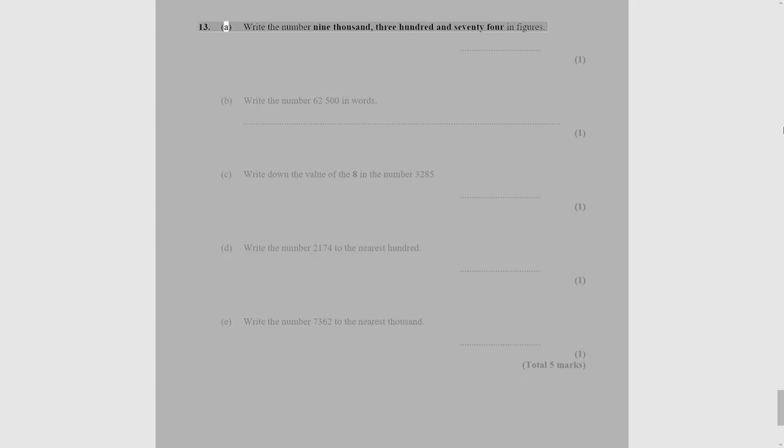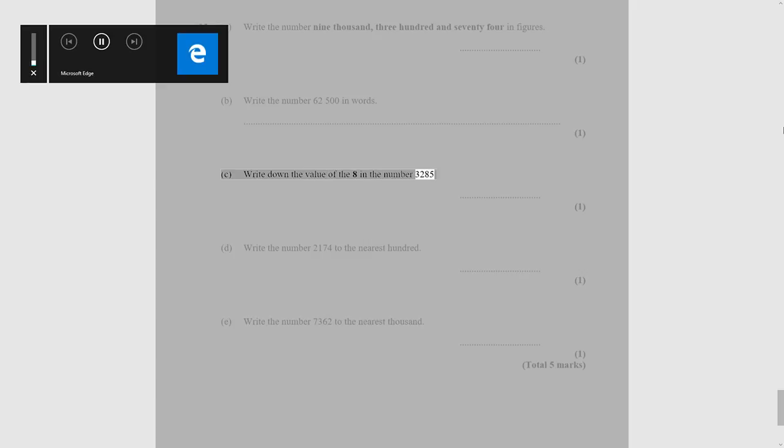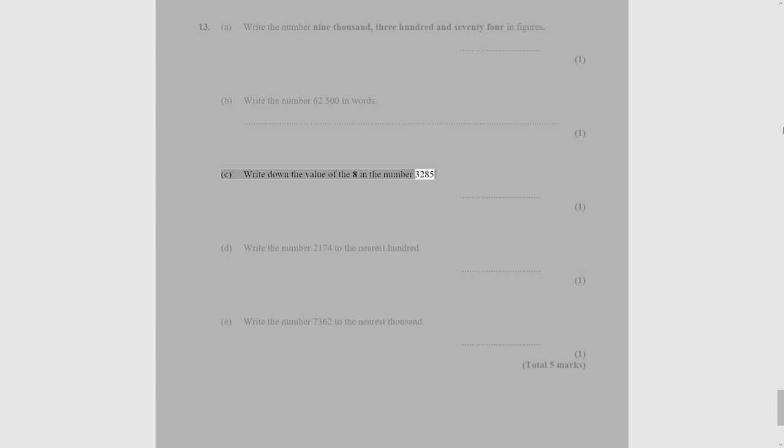13a. Write the number 9374 in figures. 13b. Write the number 62500 in words. 13c. Write down the value of the 8 in the number 3285. 13d.